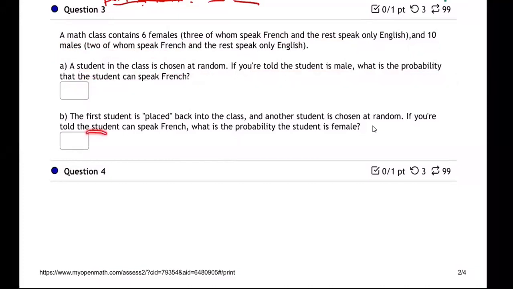So that's an interesting question. Okay, so how are we supposed to do this problem? This is a pretty tricky question.